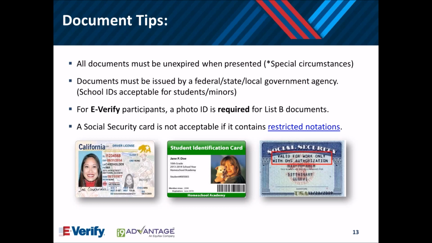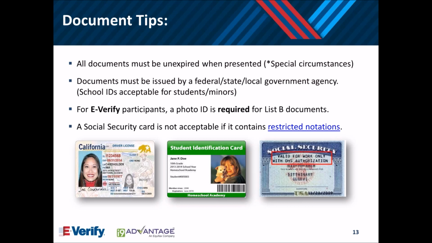And then just a couple document tips here. All documents must be unexpired when they're presented, and there are some special circumstances when a document may appear to be expired on its face. One example of that is temporary protected status. Also, the documents that you accept must be issued by a federal, state, or local government agency. And for E-Verify participants, as we talked about before, those List B documents that are presented must be one that contains a photograph.